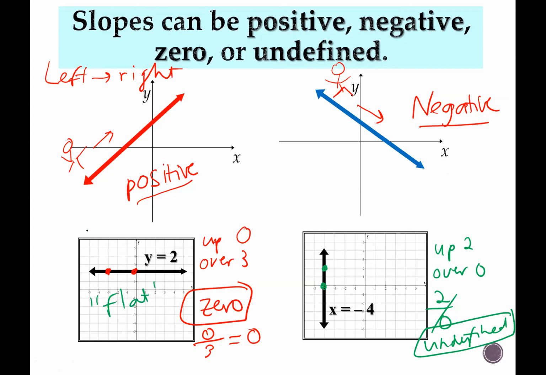If I were to draw my little stick figure guy on the horizontal line, he's not going up or down, he's just kind of having a boring flat walk. And then finally, the up and down line, the vertical line, the slope is undefined. Maybe that person's just falling off the cliff. There you go. Positive, negative, 0, undefined are 4 different kinds of slope.